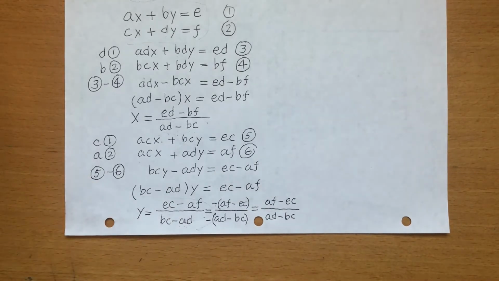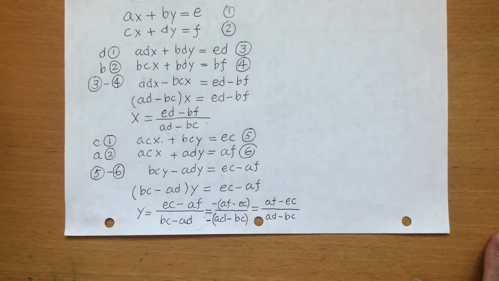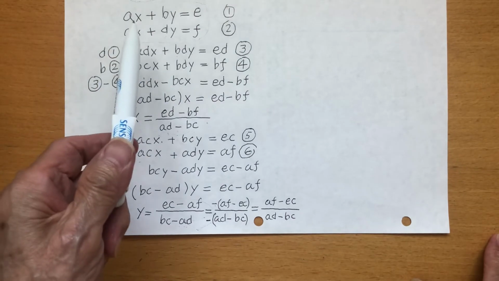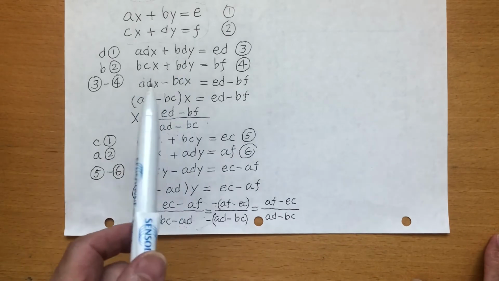So I can compare these X and Y. So whenever you have a system of equations, if it's given in the form of equation 1 and equation 2, I can call these numbers. You see, these are numbers before X, before Y. A, B, C, D, E, F are numbers.